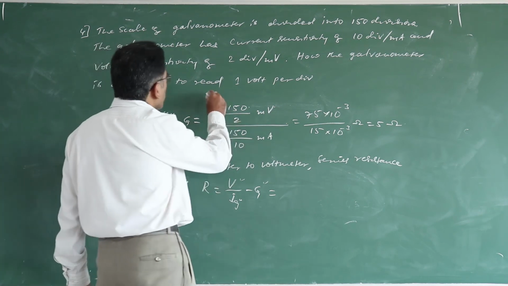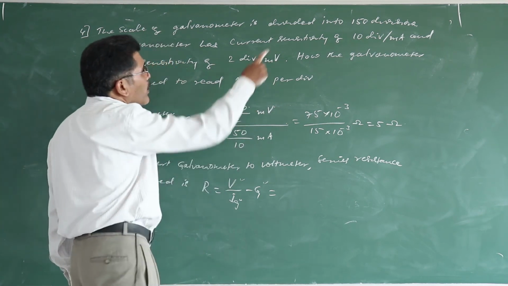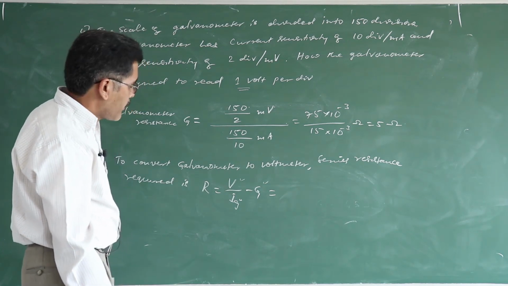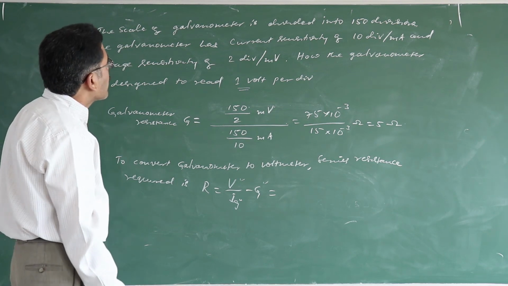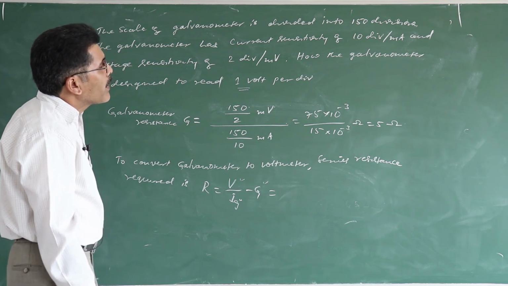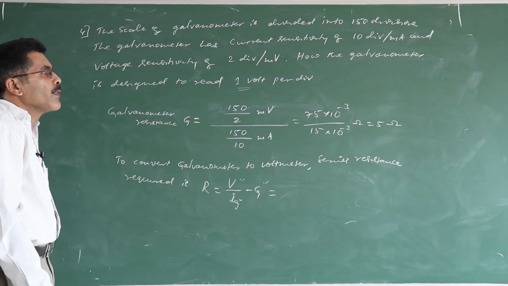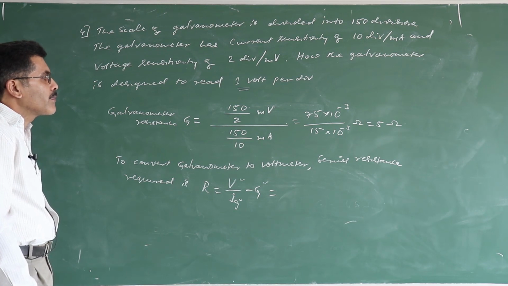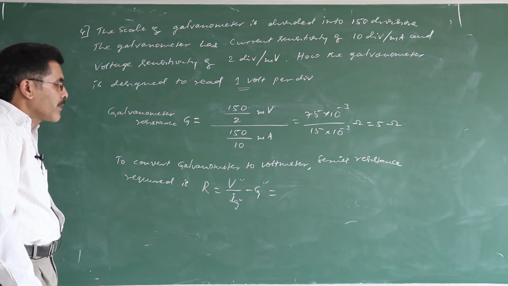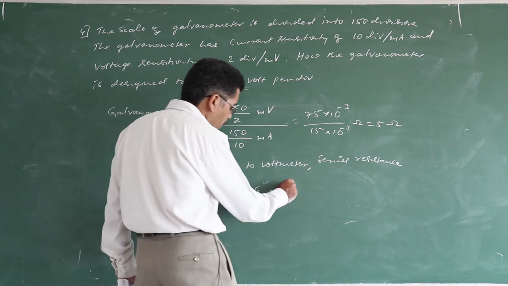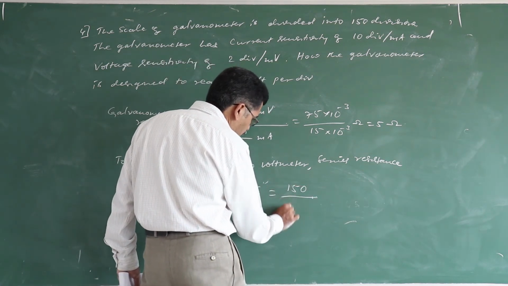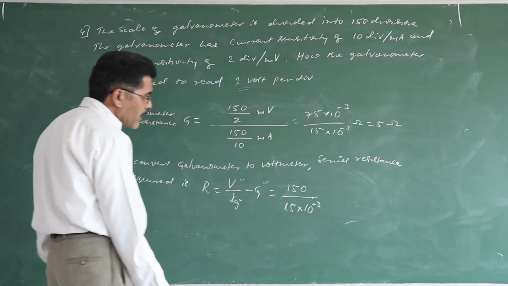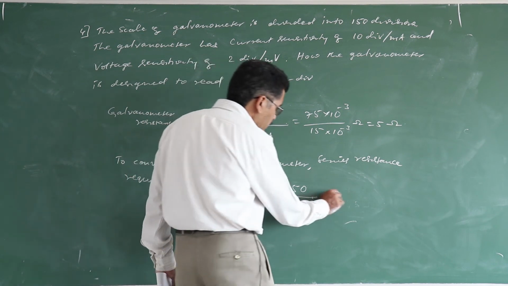To read 1 volt per division, there are totally 150 divisions, therefore 150 volt. Ig, current sensitivity 10 division per milliampere, so using that you just calculate what is Ig. Ig is 15 milliampere. So R is 150 divided by 15 into 10 raised to minus 3, minus G, and G is 5.